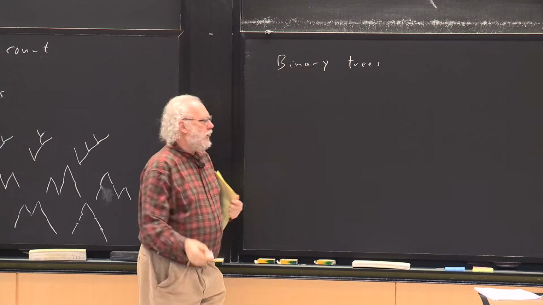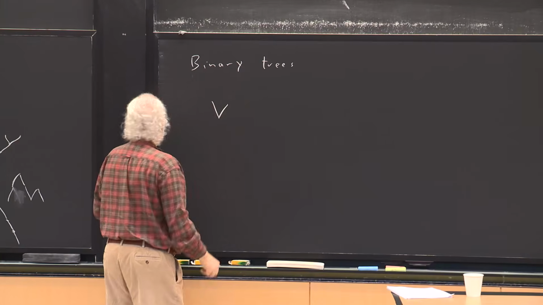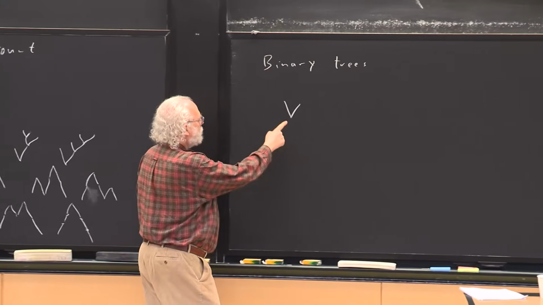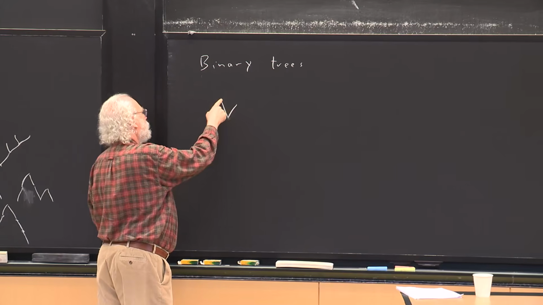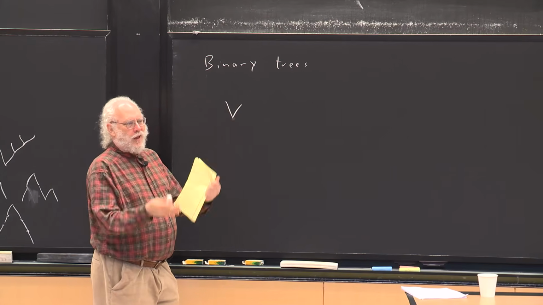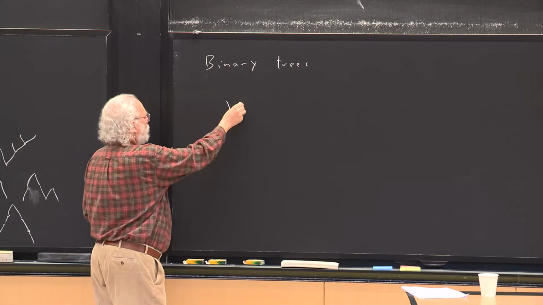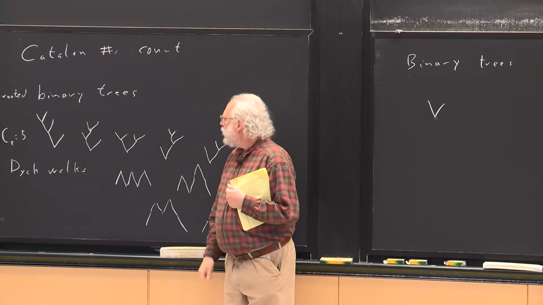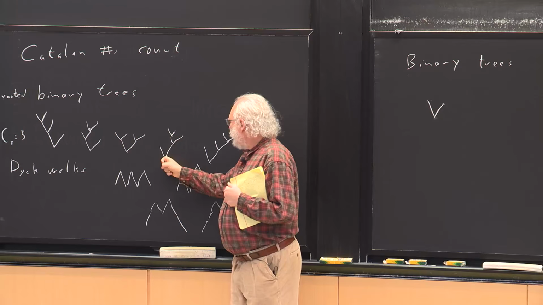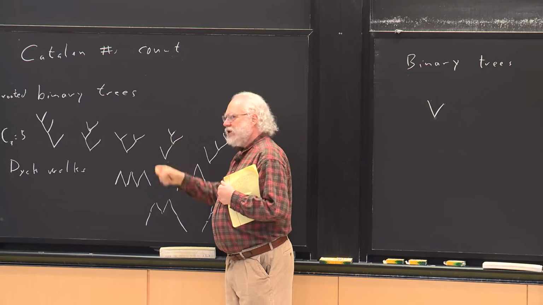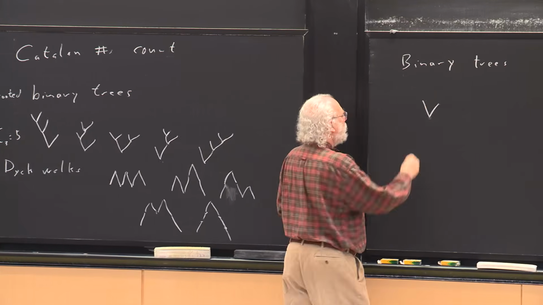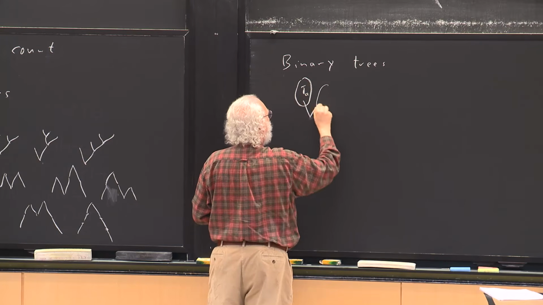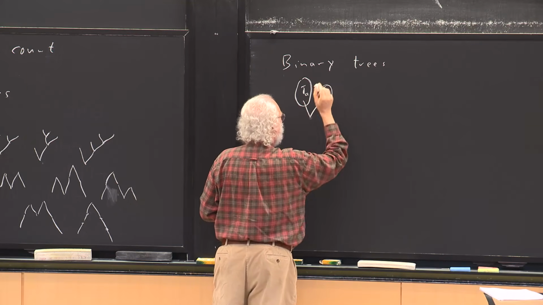A binary tree, unless it's a binary tree on one node, starts with a vertex, and there are 2 branches, because in our definition of binary tree, every vertex has 2 branches coming out of it. On this branch we have a tree, let's call it A, and on this branch we have tree B.